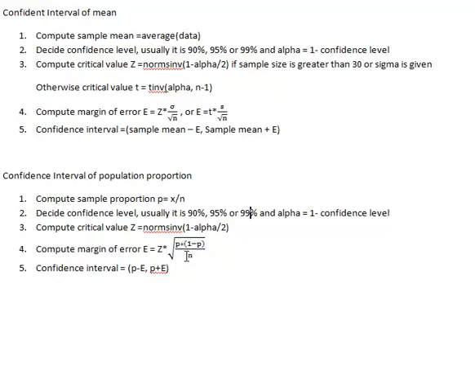Don't forget the parentheses. Finally, we have the confidence interval: P minus E for the left-hand side and P plus E for the right-hand side.